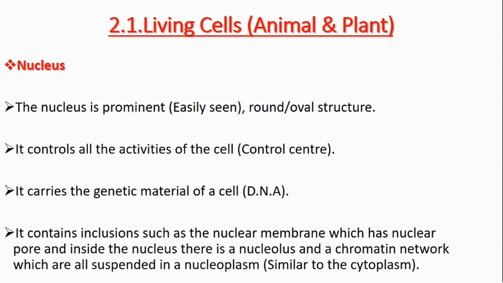This genetic material is in the form of DNA. The nucleus also contains inclusions such as the nuclear membrane, which has nuclear pores, and inside the nucleus we find a nucleolus and a chromatin network. The nucleolus and the chromatin network are suspended in the nucleoplasm. The nucleoplasm is very similar to the cytoplasm, as it suspends the nucleolus and the chromatin.